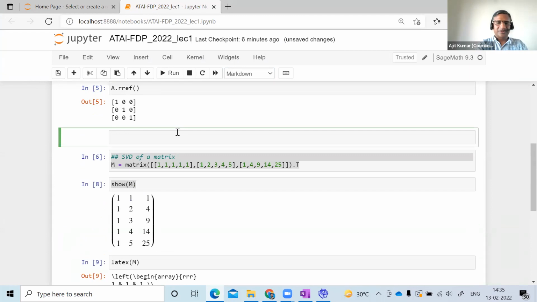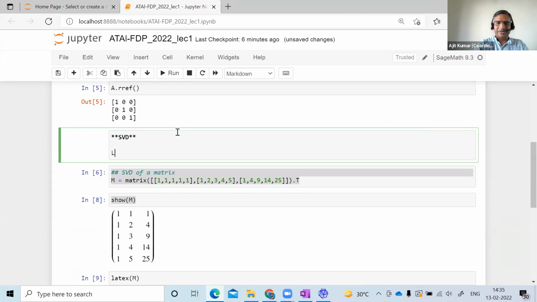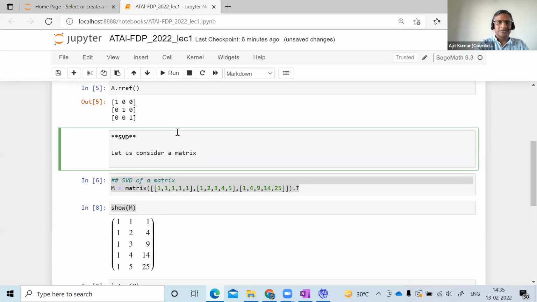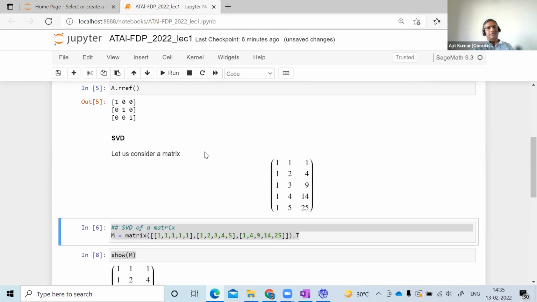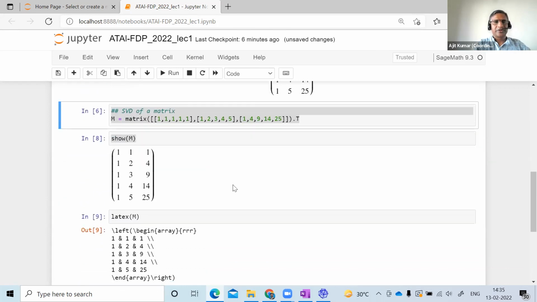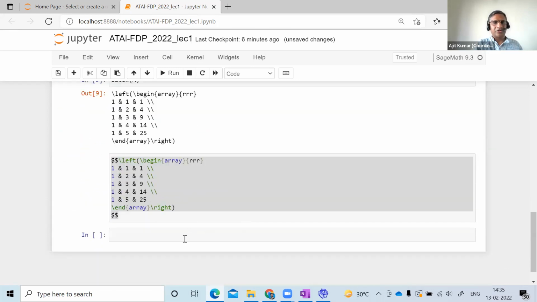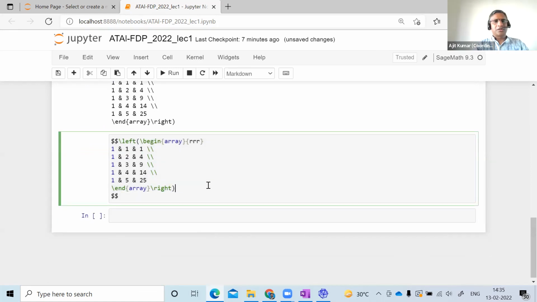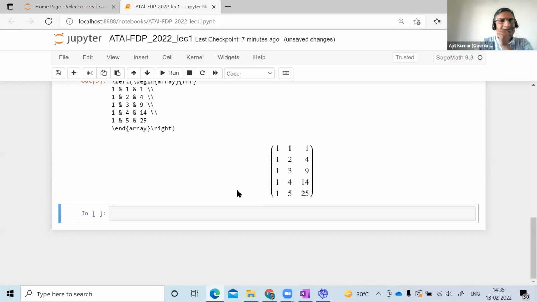My heading is SVD, and let us consider a matrix. That is the text for me. These things I'll not copy in the Google Sheet.